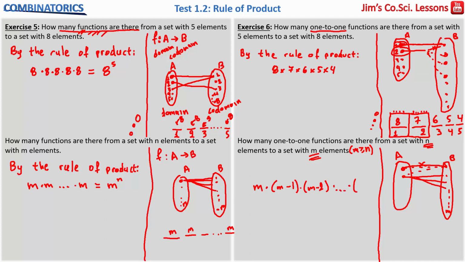A logical thought is m minus n, but if we apply that to the first example, we'll see that this is wrong, because 8 minus 5 equals 3. So the last position should be 4 here, and I'll fix it by just adding 1 at the end. Then my typical solution is by the rule of product. The result is the following.